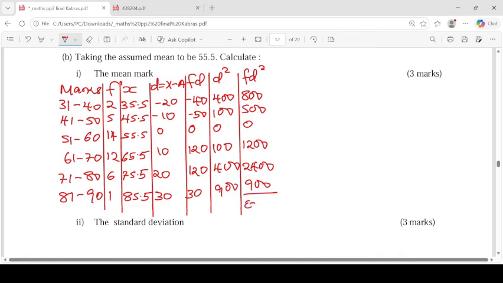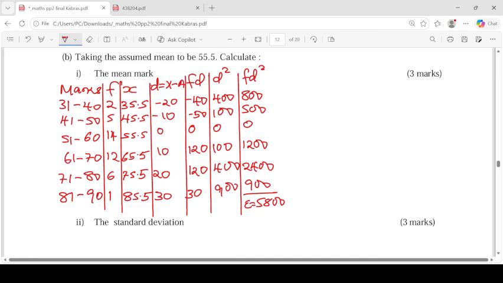Then you get the summation. When you add 800 plus 500 plus 1200 plus 2400 plus 900, this is 5800. Then let me get the FD summation.